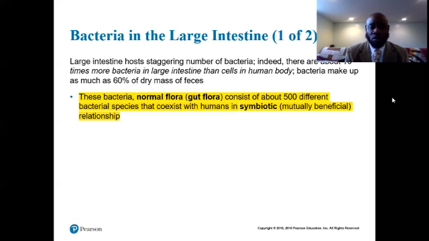These bacteria, which are called normal flora or gut flora, 500 different bacteria species, they exist in a symbiotic relationship. If you've ever seen the movie Venom, maybe you've seen that movie.